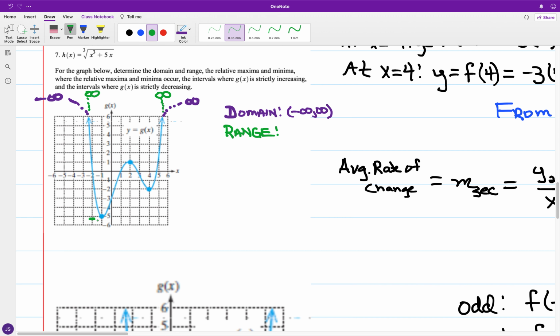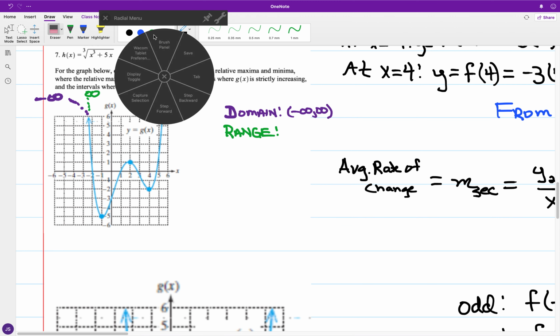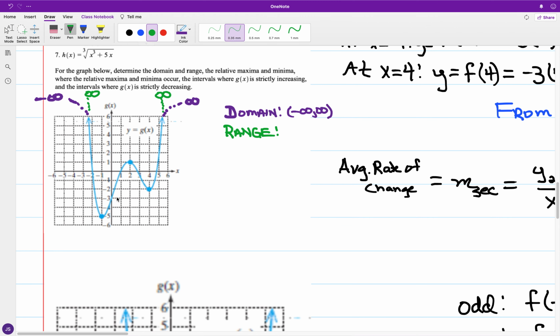With this ordered pair, we have -1, -5. So for the range, we go from and including -5. That's your bottommost y value, and it is included.